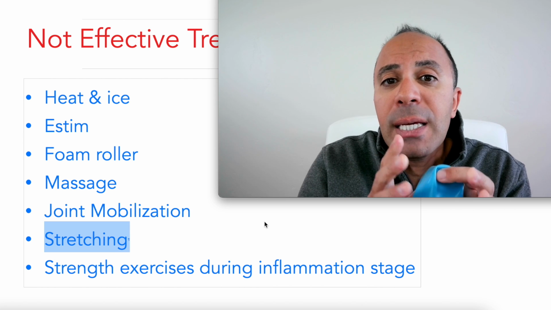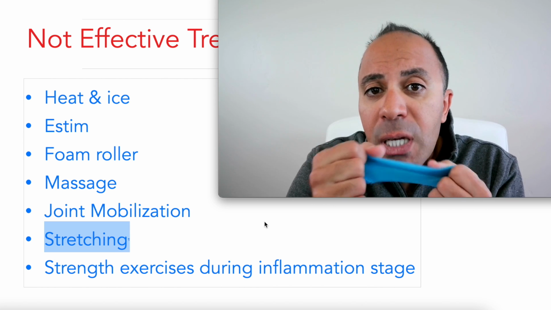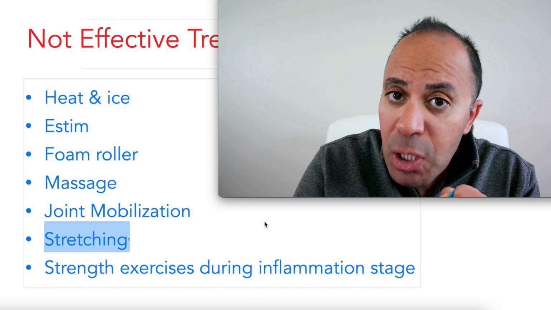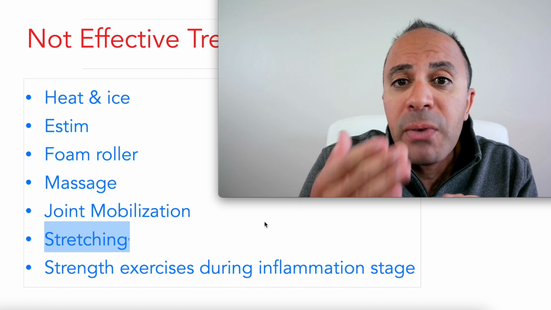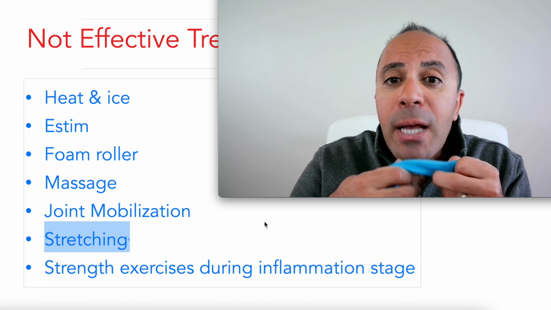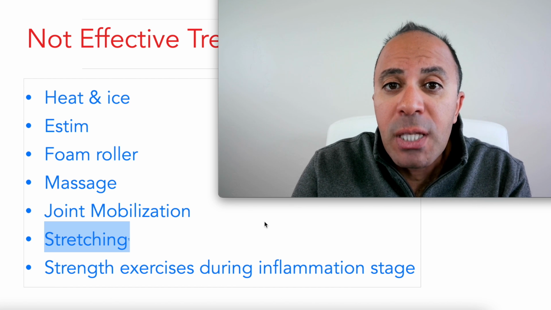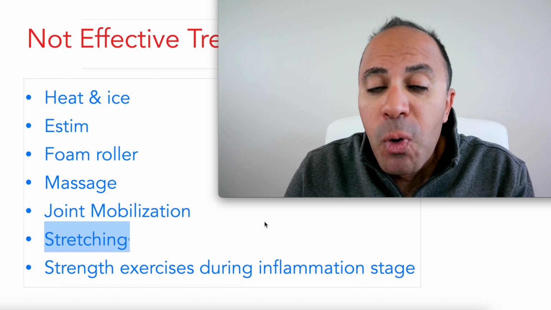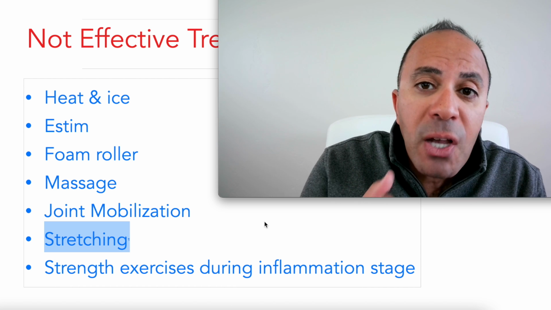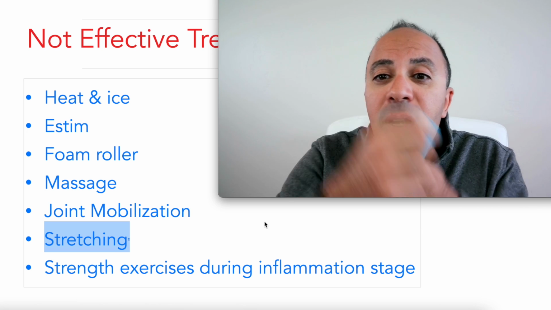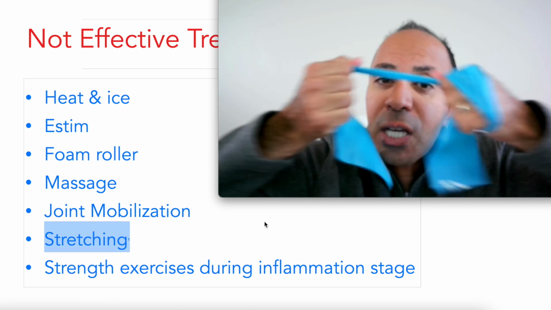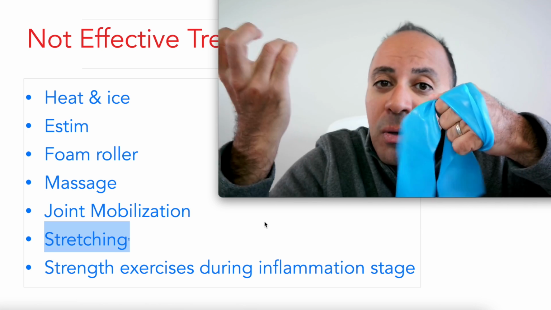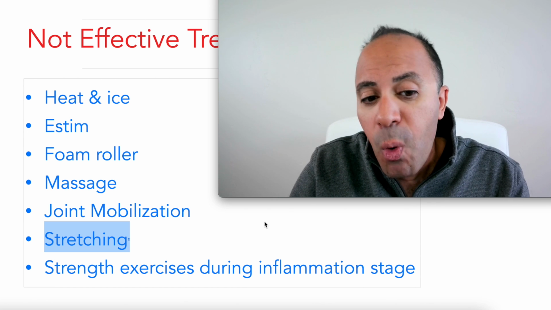Based on the studies, overstretching could cause more damage, does not really prevent injury, and could cause more inflammation. That's why I don't recommend stretching for my patients, because if your muscle is tight because of fascia restriction and scar tissue, and you have a knot in the muscle, and you keep overstretching, you could snap the muscle or cause more tearing.